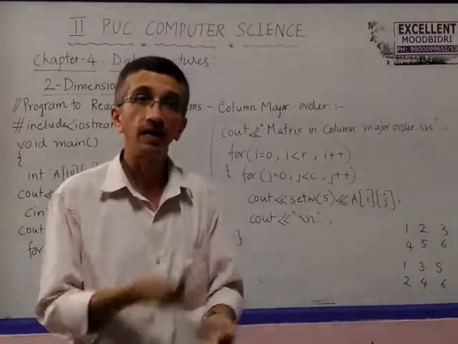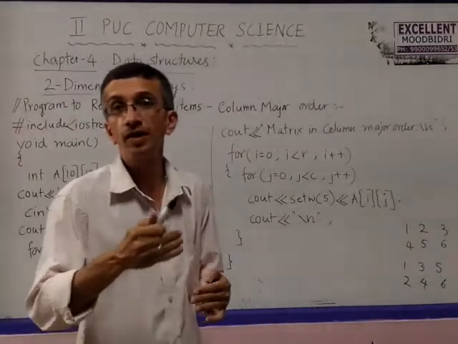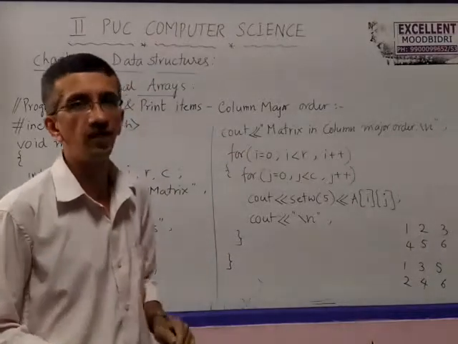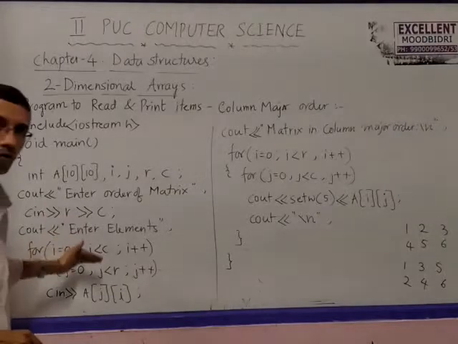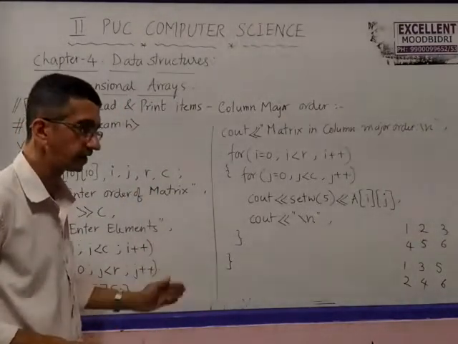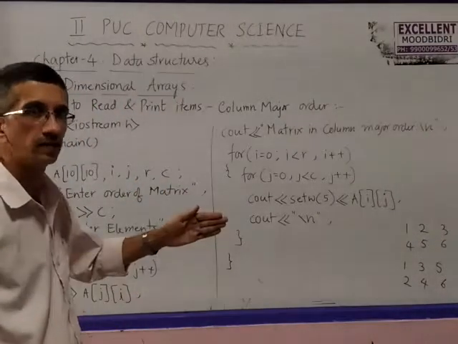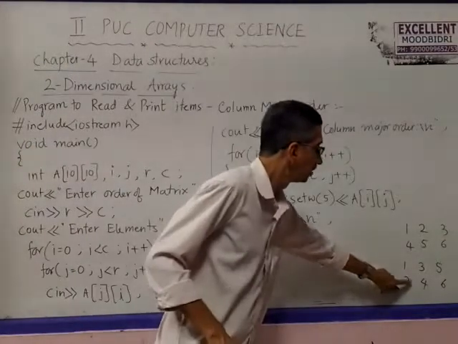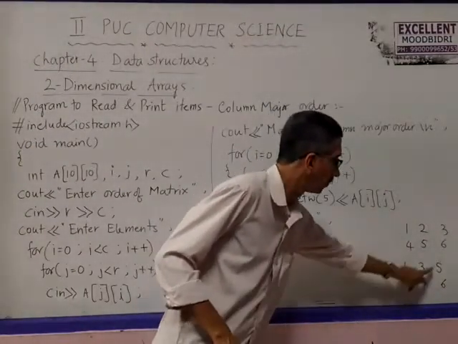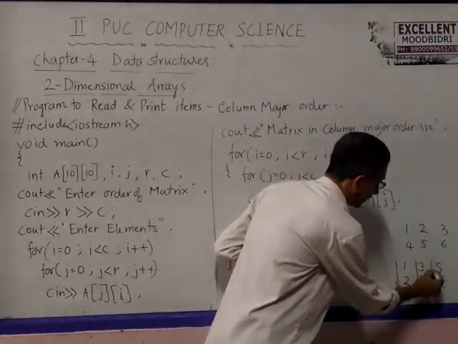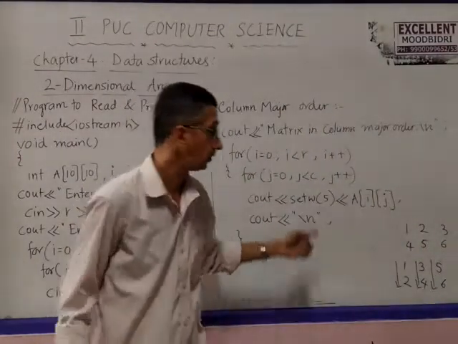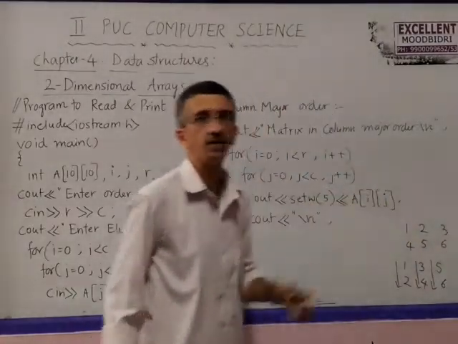But how the items are stored in the memory, that only is the difference. So here we take number of columns first, column wise first, and next the row wise. So 1, 2, first, next 3, 4, next 5, 6. But while giving, we have given 1, 2, 3, 4, 5, 6 in this order.